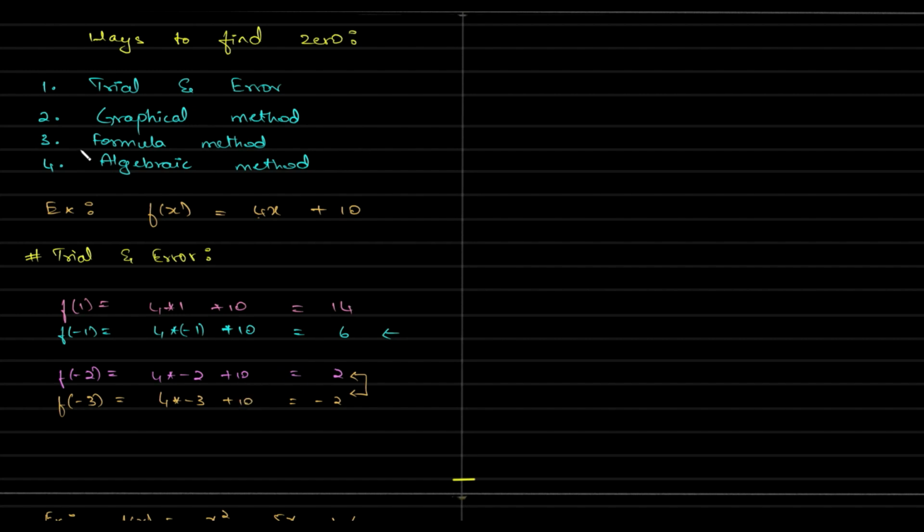So next I'll talk about the algebraic method. It's easier and much faster compared to trial and error. Actually, there's no comparison. We can't even compare them.